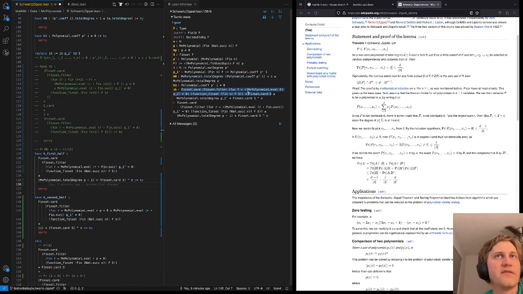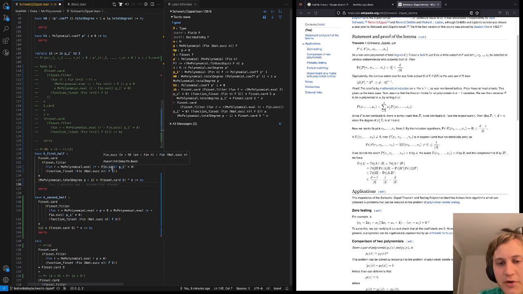right, the inductive hypothesis has finset.card in it, and no fin.suck. So fin.suck just takes in a fin, right? This has only got n inputs.